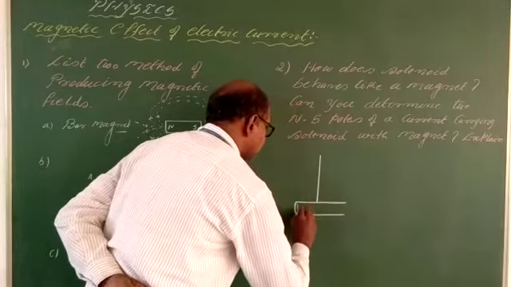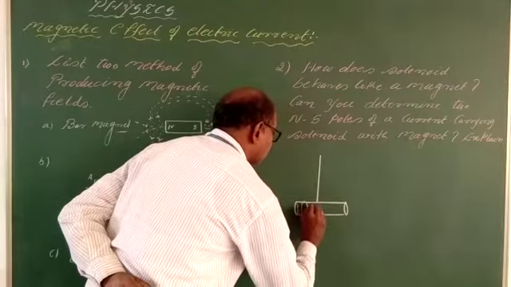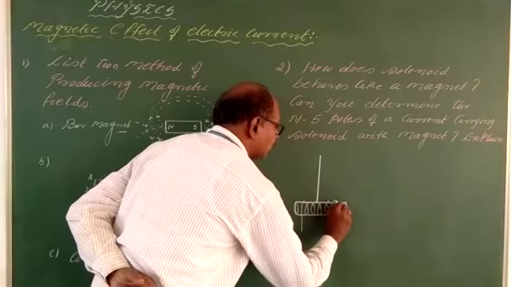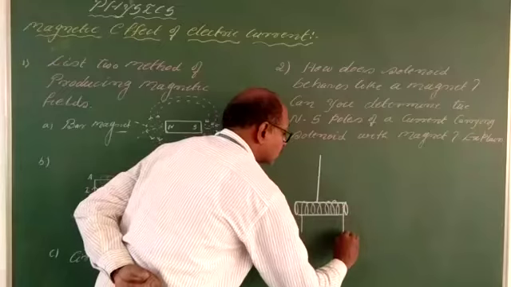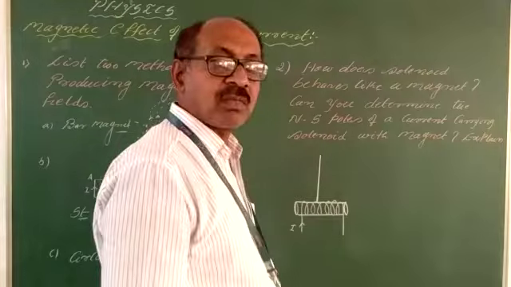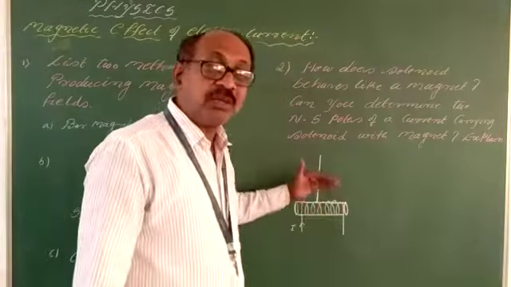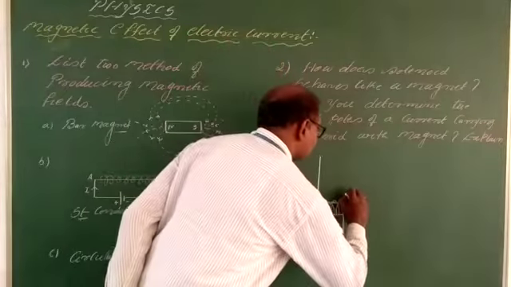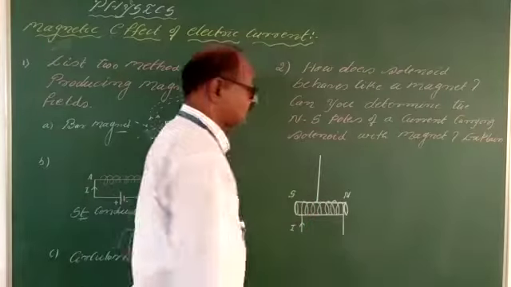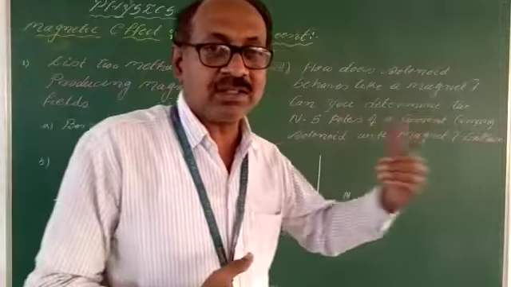Here is the solenoid with a number of turns. The current is passing through it. It always comes to rest in the north and south direction.